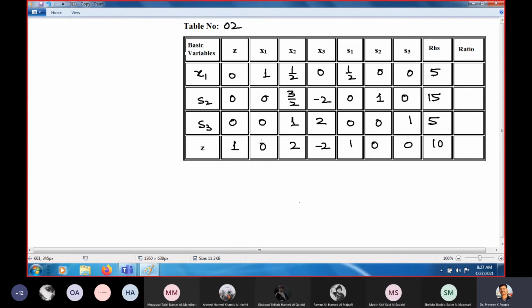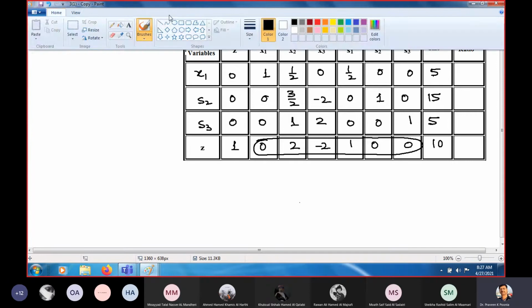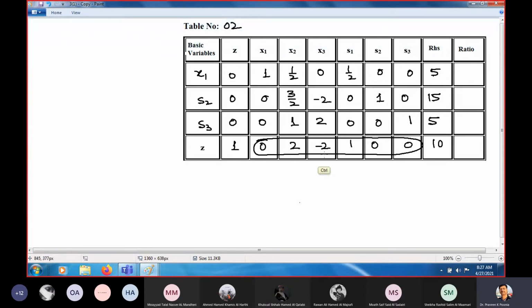Now again, let us try: is there any negative number here? We need to check. Yes, one negative is here. This negative, so this is in. So in is x3.